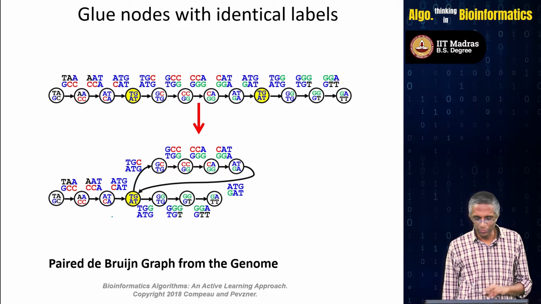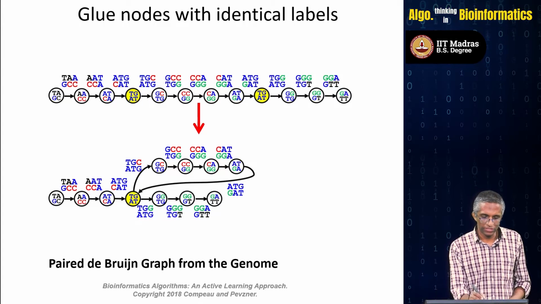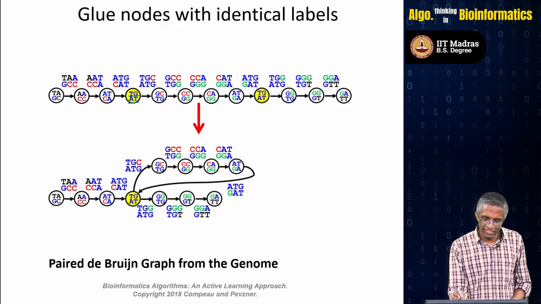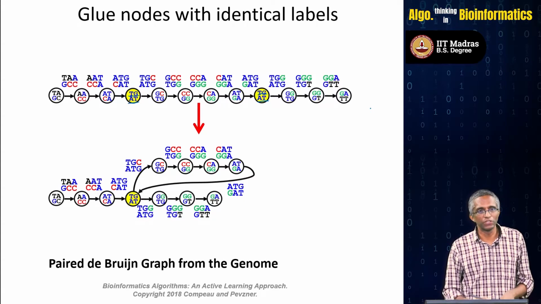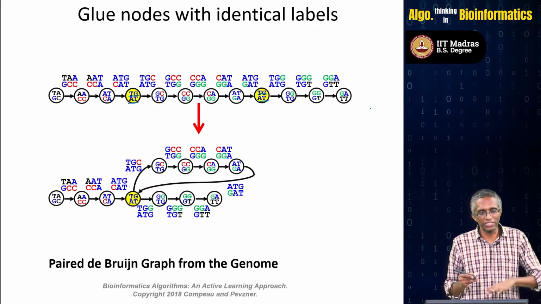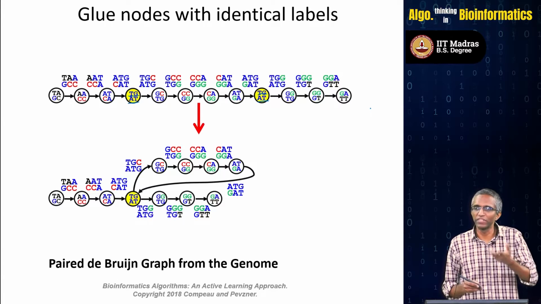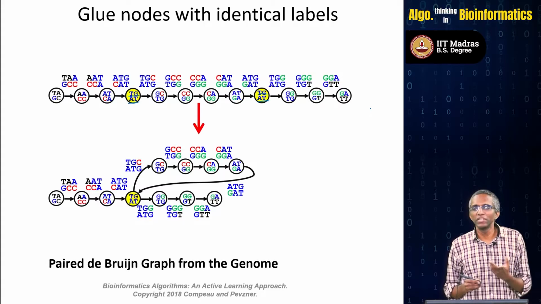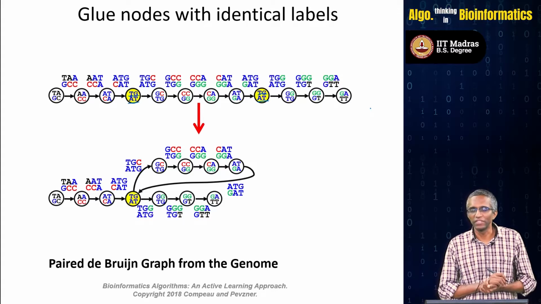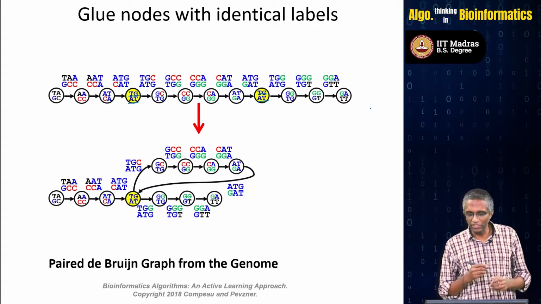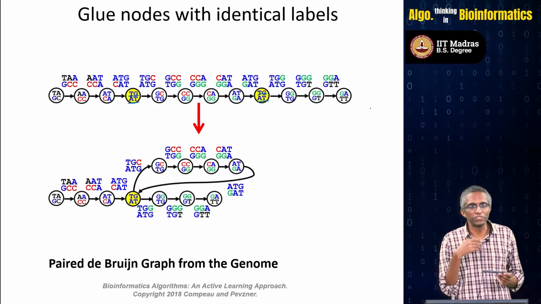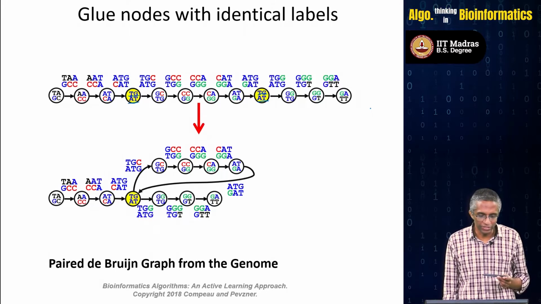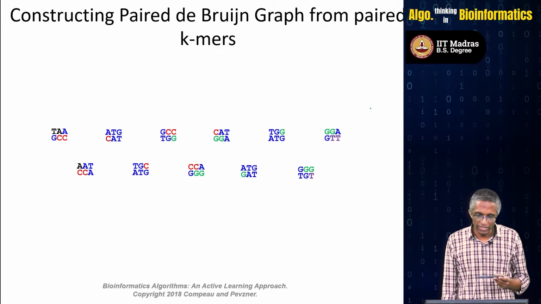And this is the paired de Bruijn graph, and you can see here that because now there is TG and also an AT, previously we had 3 nodes that we had to glue, but now there are only 2 nodes that we have to glue, because this extra paired read information will minimize the number of duplicate nodes. And if you minimize the number of duplicate nodes, then there are also fewer choices you have to make and fewer genomes that correspond to this de Bruijn graph. Okay, and you can do the same.